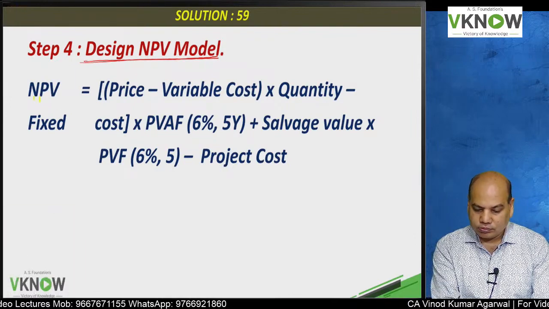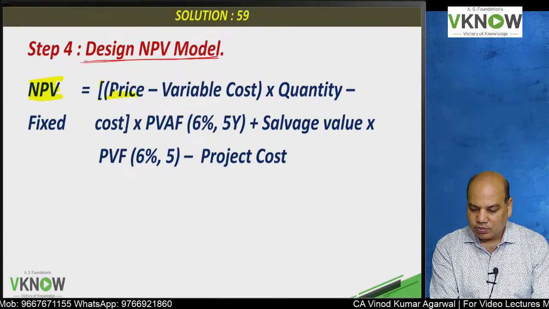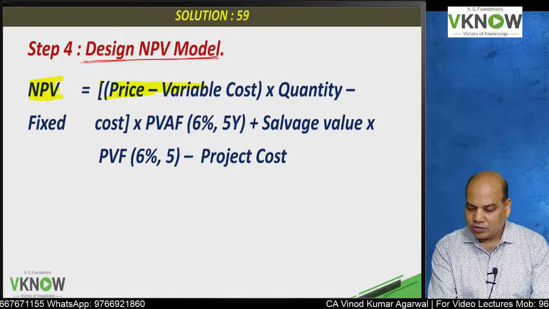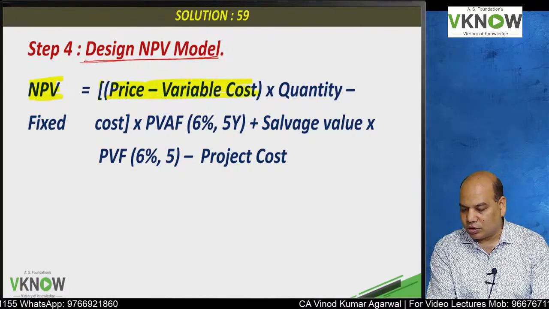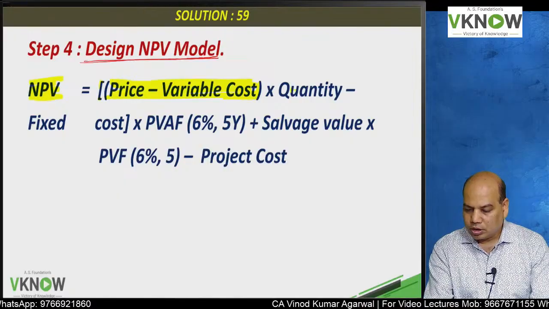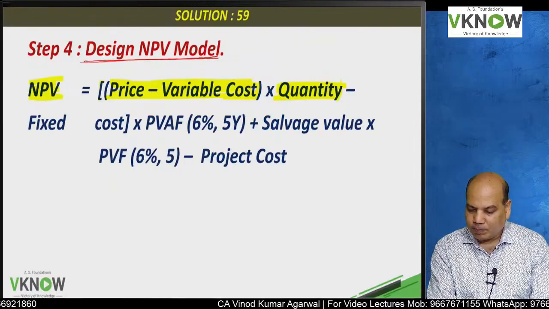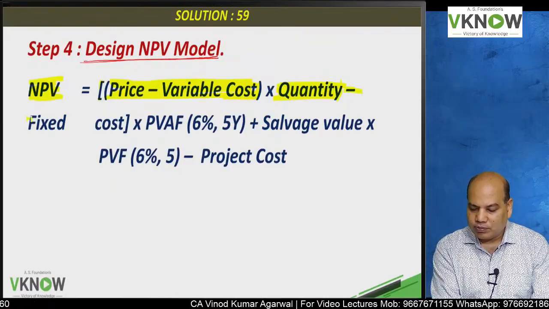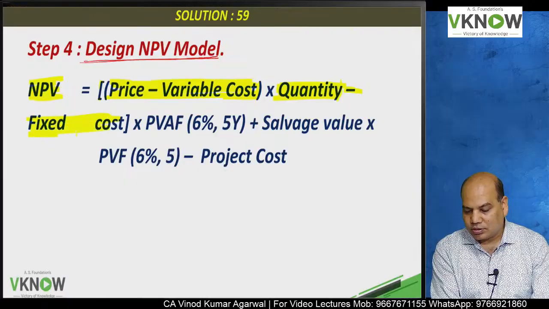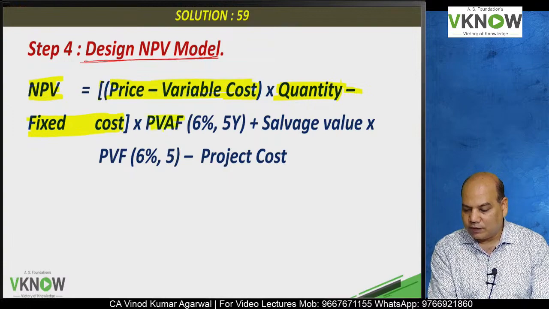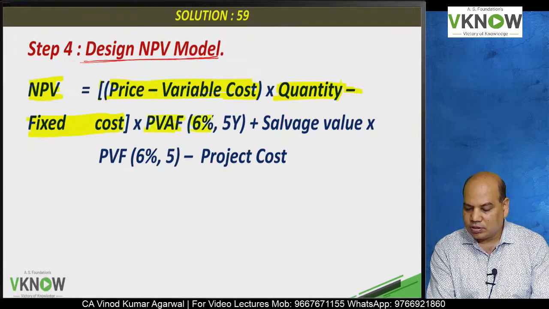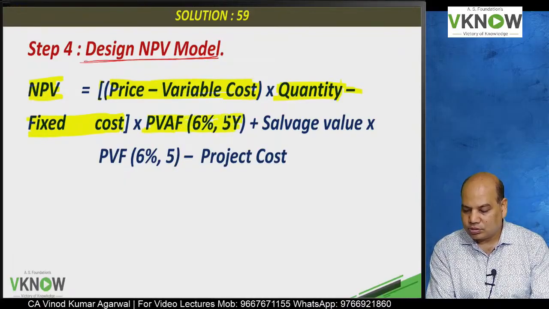NPV equals, in big bracket, small bracket, price minus variable cost, that is contribution, into quantity, that is total contribution, minus fixed cost. That will give you cash inflow, into PV annuity factor 6%, 5 years. This is for PV of annual cash inflow.